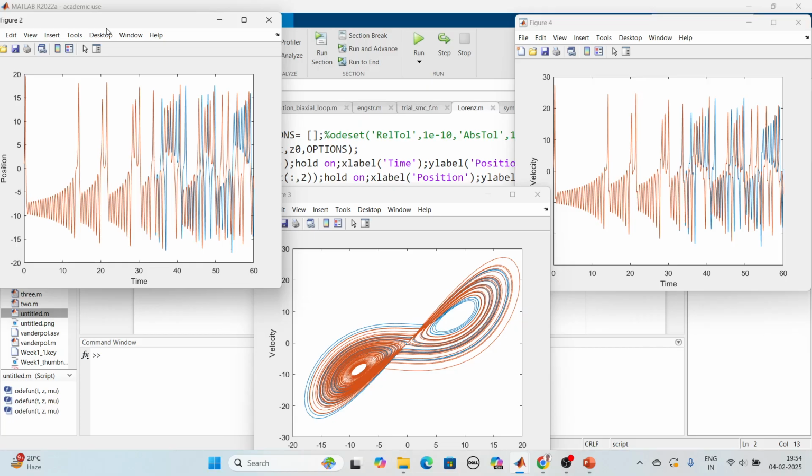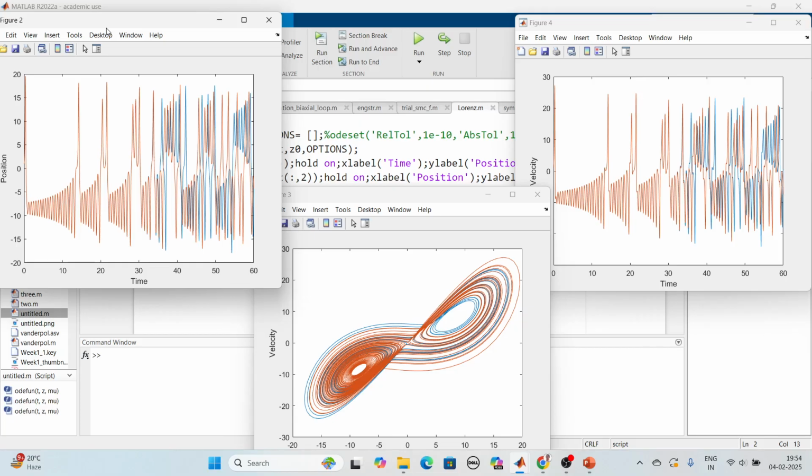So for a nonlinear system, if I want to identify where the chaos is and how it happens, I hope it is clear from this example why we don't want chaos, because it has sensitive dependence on the initial condition.